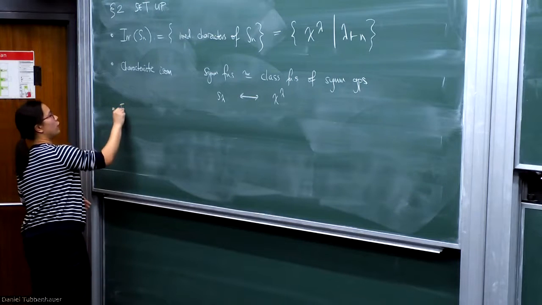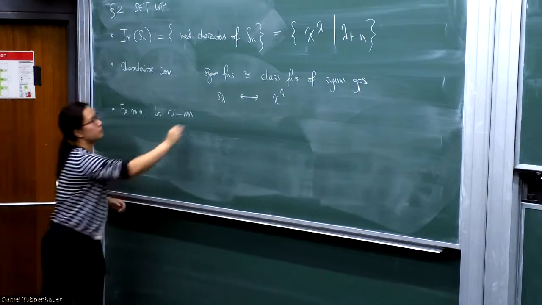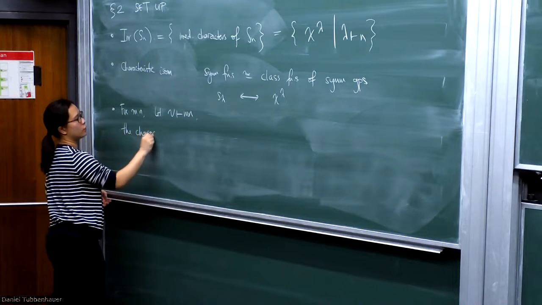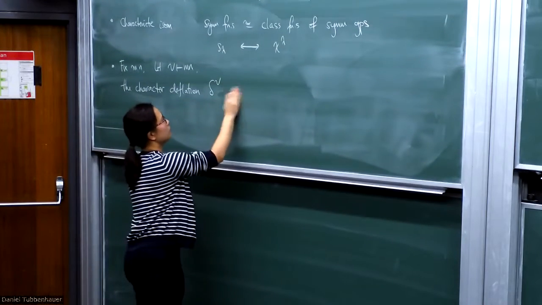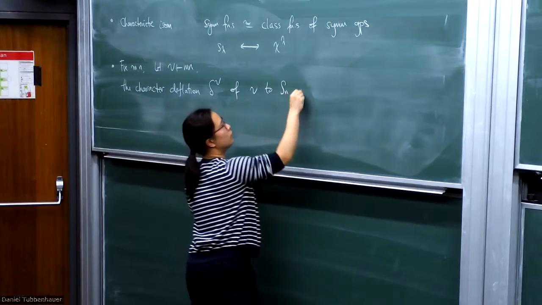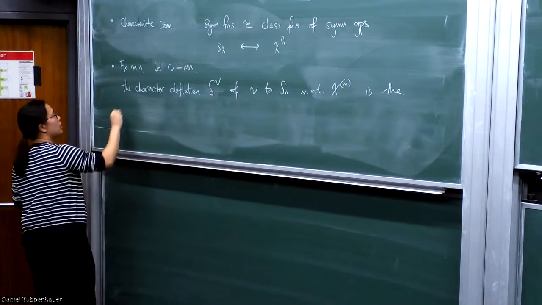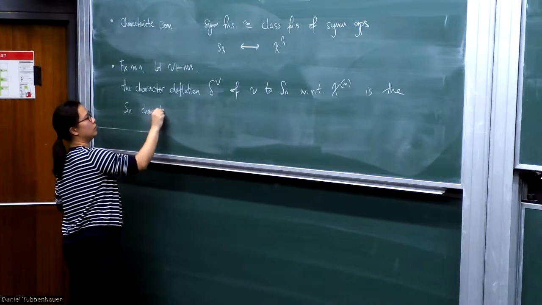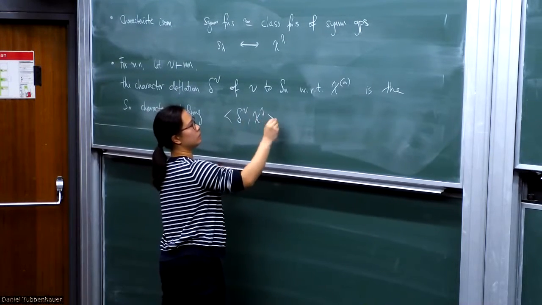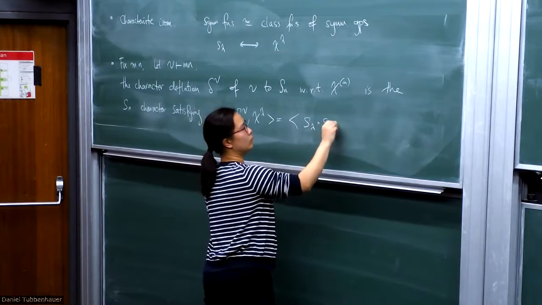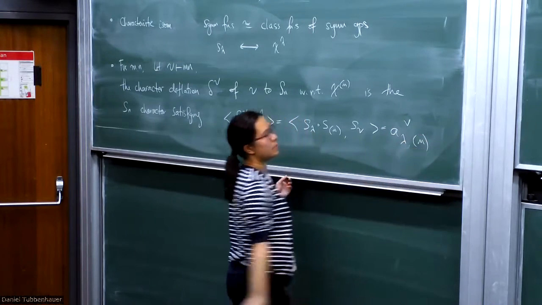So for a given m and n, let's say, if we take mu to be a partition of mn, then the so-called character deflation, which I'll denote by delta of mu to Sn with respect to the trivial character of Sn, this is the Sn character satisfying this particular equation.